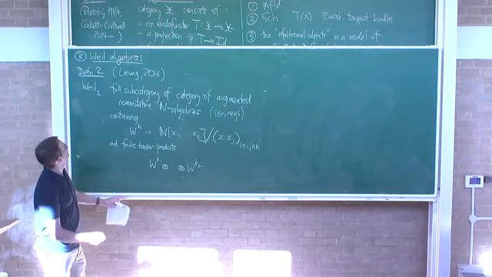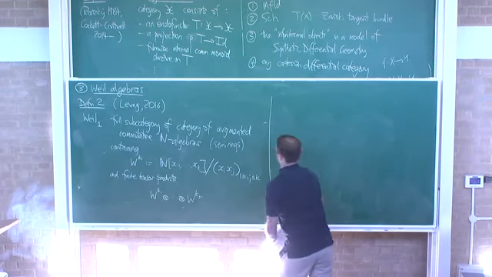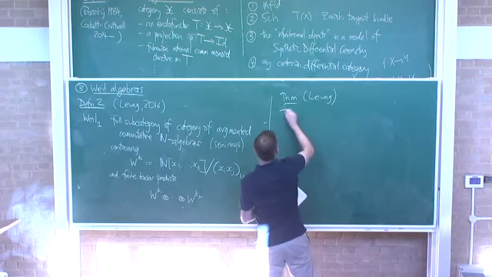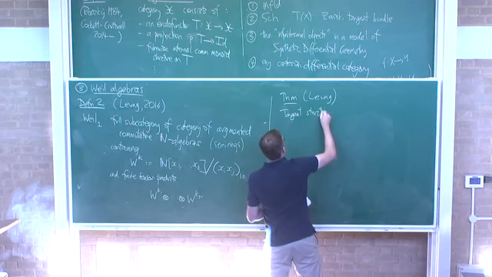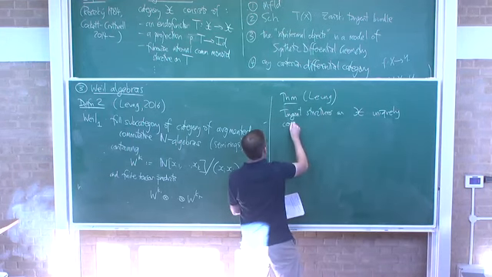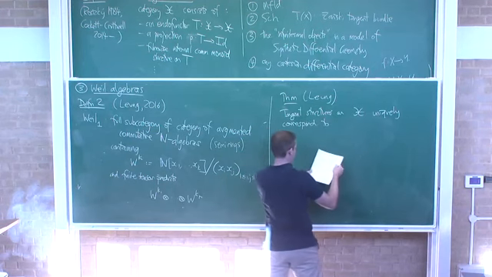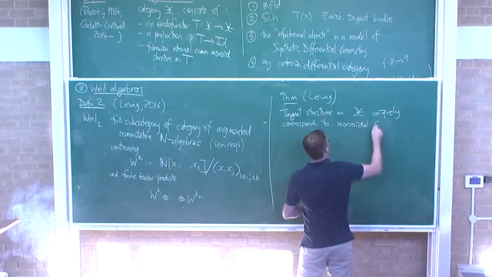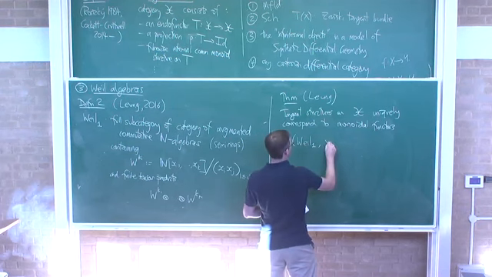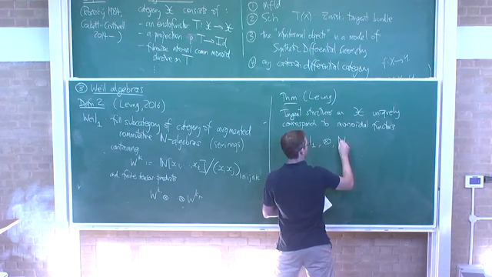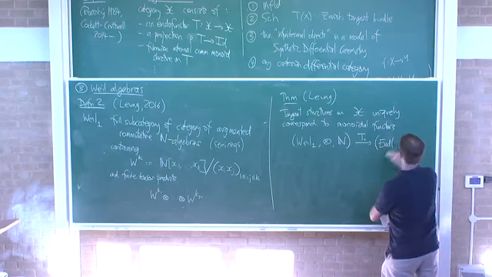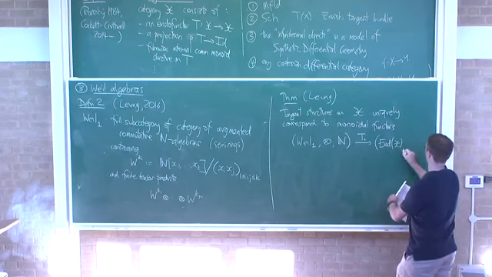Okay, so I have this category, and here is the theorem of Leung, which says that tangent structures on a category X uniquely correspond to monoidal functors from this category of A algebras under the tensor product, where the unit is N, to the category of endofunctors on X under composition.